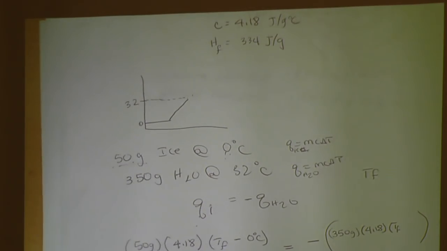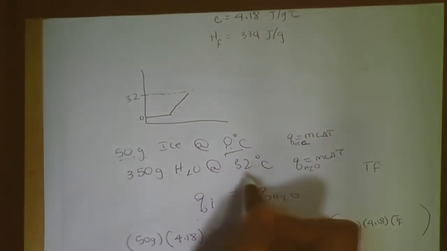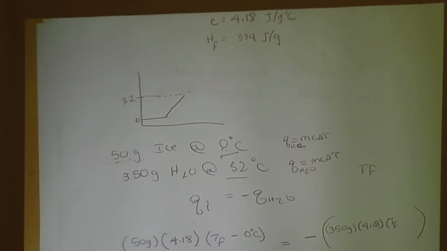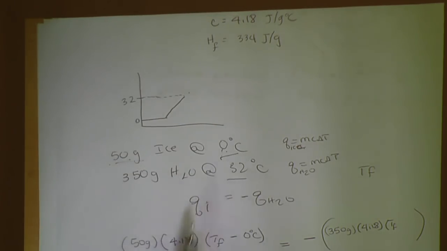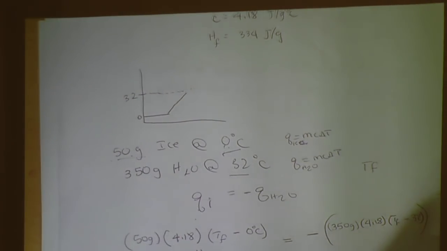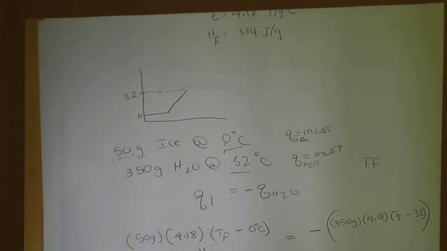Because this one's starting at 0 and this one's starting at 32, the temperature it's going to reach is somewhere in the middle between 0 and 32. But because I have more water, it's going to be closer to the 32 than to the 0. So TF minus, again, 32, because 32 is initial. Right?